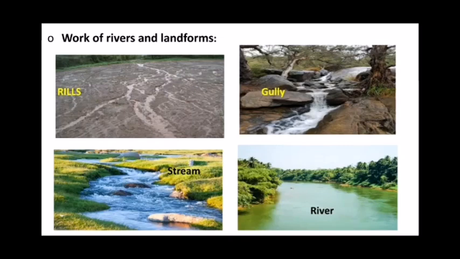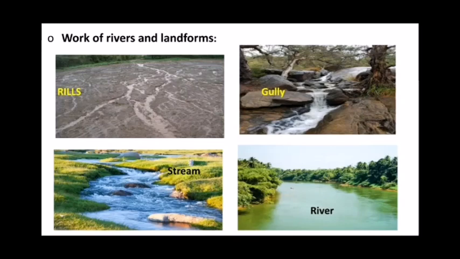So, children, we will first begin with the works of rivers and landforms. We can differentiate between a rill, gully, stream, and a river as follows. The smallest natural flow of rainwater is called a rill.